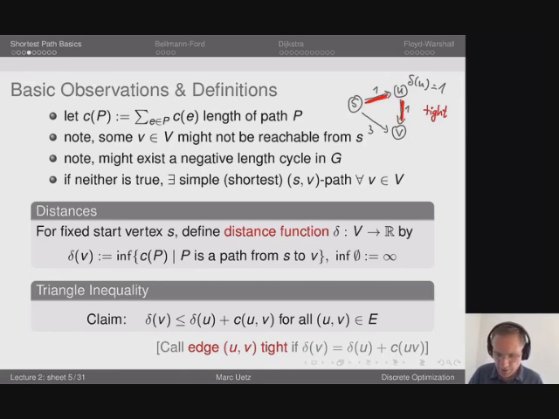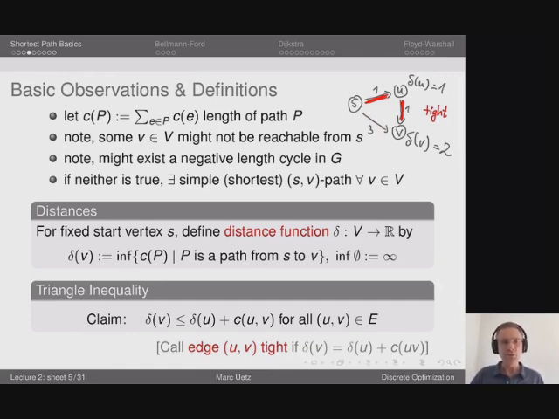So correspondingly, delta of V would be 2. And then there is yet another path. There is a path from S to V here of length 3, but this is not the shortest path, and hence this edge here is not tight, while the other ones, which are colored in red, are actually tight edges.